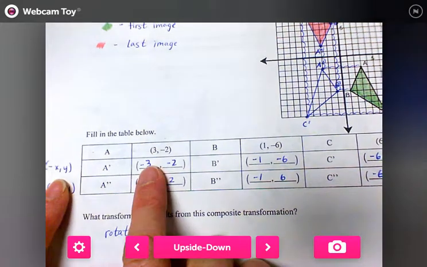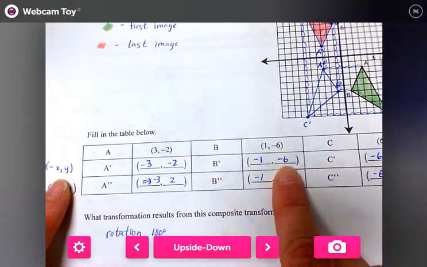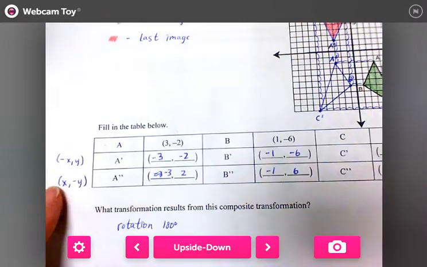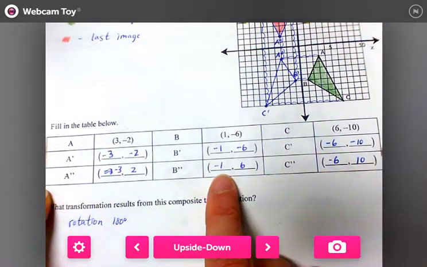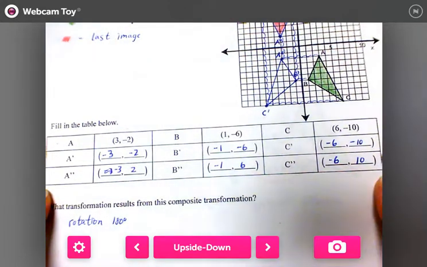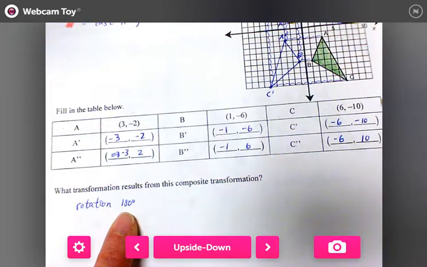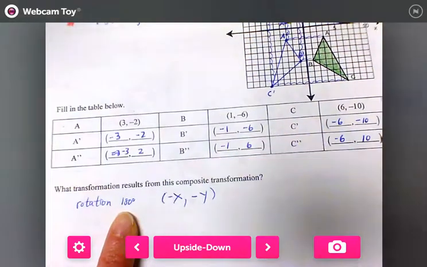So your first one is -3, -2, -1, -6, and -6, -10. Your second one, which is x comma -y, is -3, 2, -1, 6, and -6, 10. And it's very important that we know that this is a rotation of 180 degrees, so that's -x, -y.